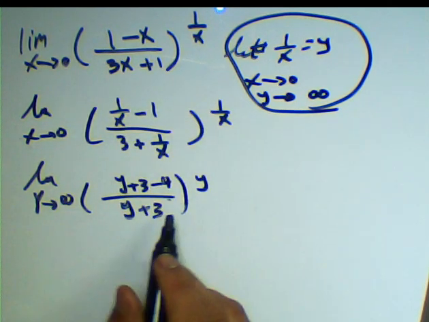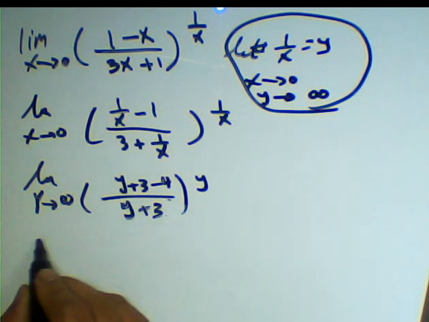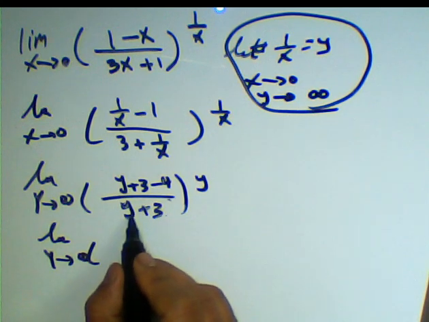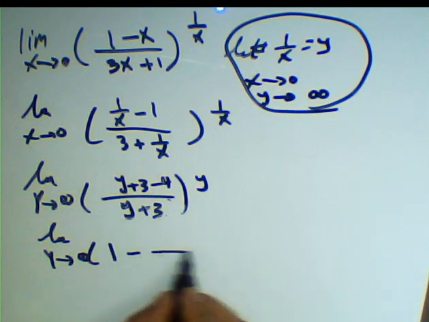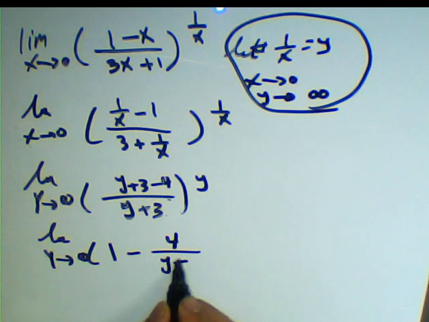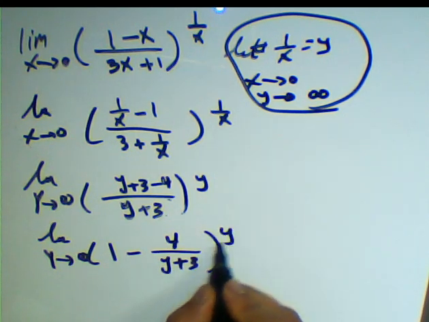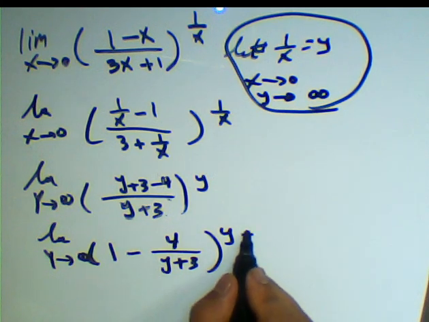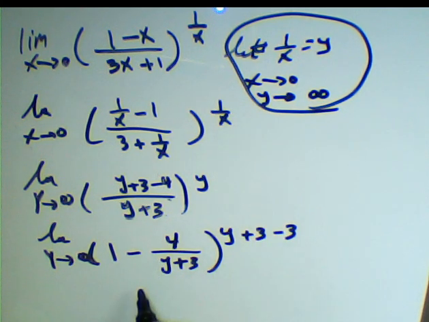Why do we do it? Because we want to find the one outside here. The limit when y approaches infinity of y plus 3 over y plus 3 equals 1 minus 4 over y plus 3, all to the power y. The exponent must match the base, so we must add 3 and negative 3.